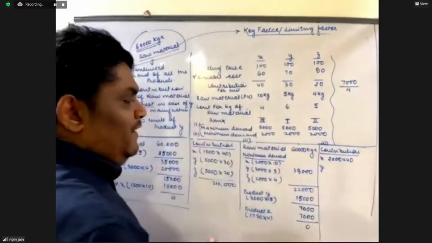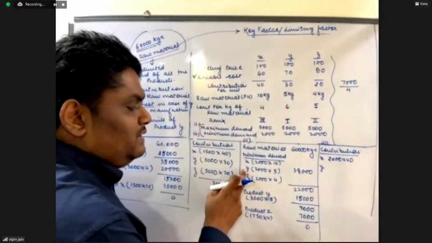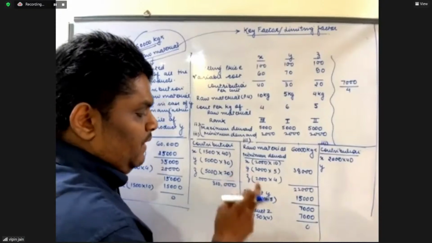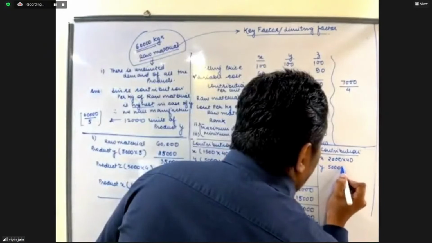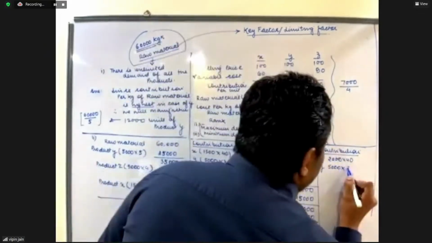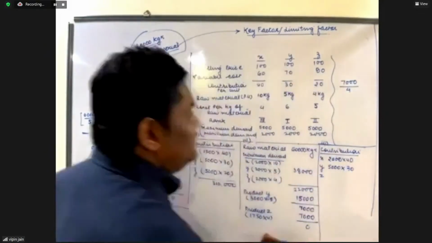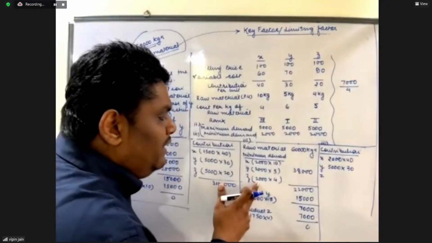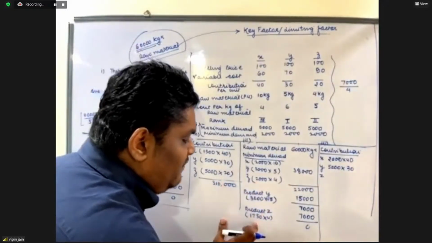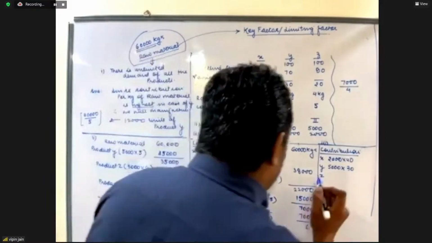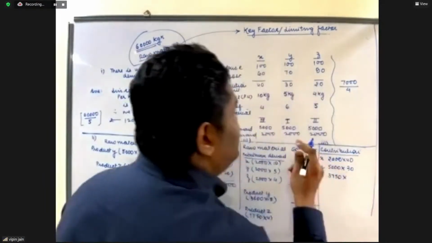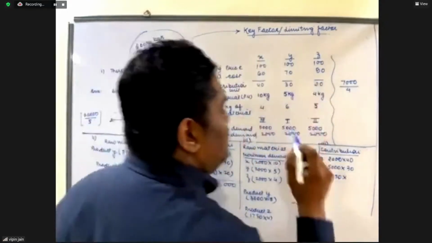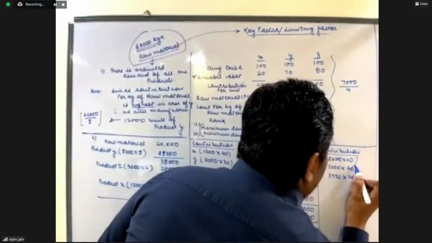For Y, we have manufactured 2,000 units plus 3,000 units, so entire 5,000 units, and the contribution per unit is 30. And for Z, again 2,000 units for the minimum demand and 1,750 the balance units. So 3,750 units we have manufactured for product Z and the contribution per unit is 20.